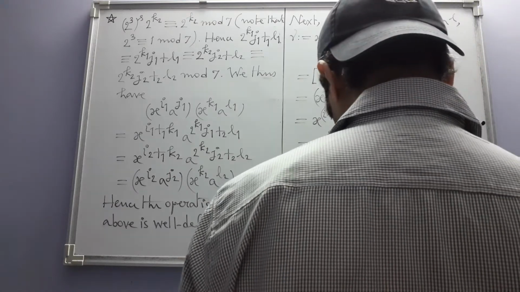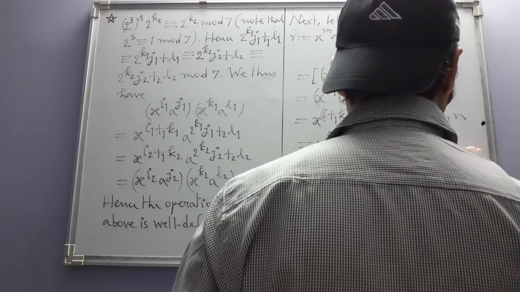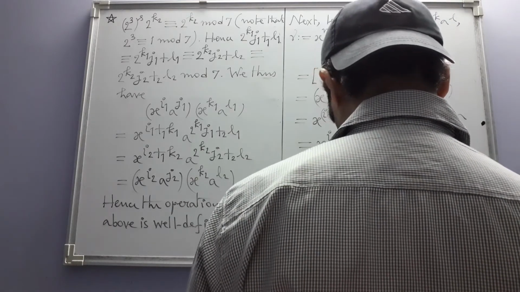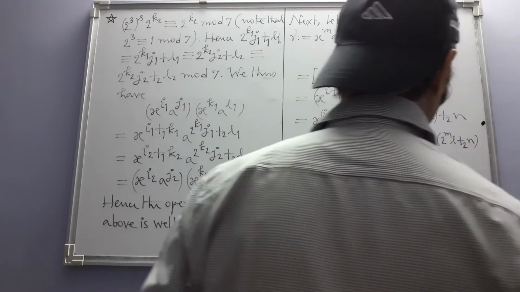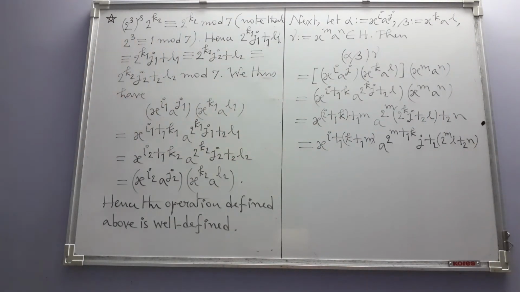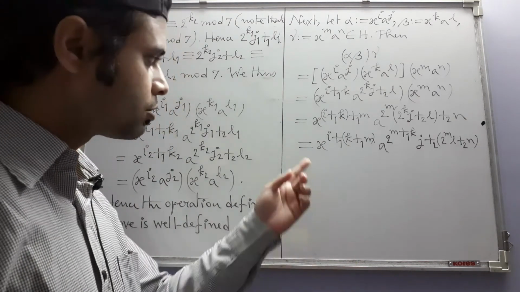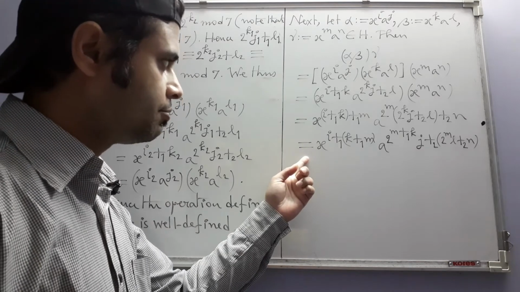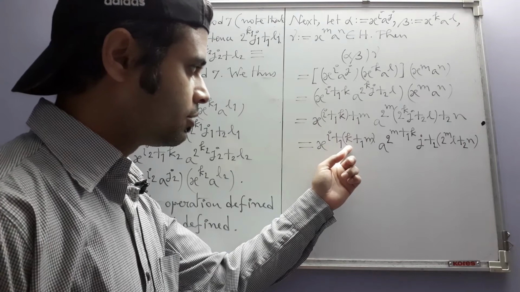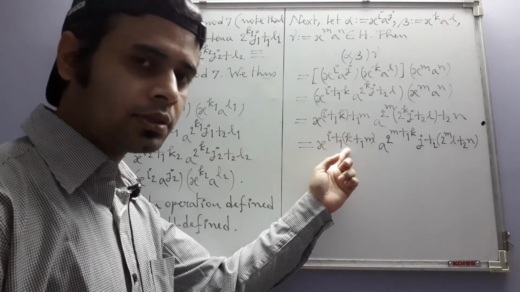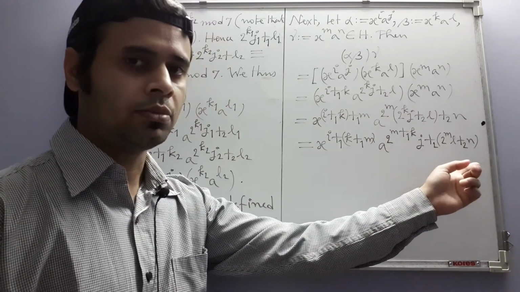Plus 2, then 2 to the power m l plus 2n. Of course, to show that this step is justified, you have to show that this integer is congruent to this integer mod 3, and this integer is congruent to this integer mod 7.